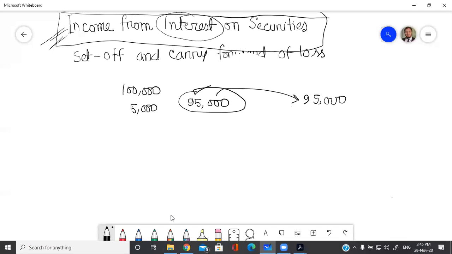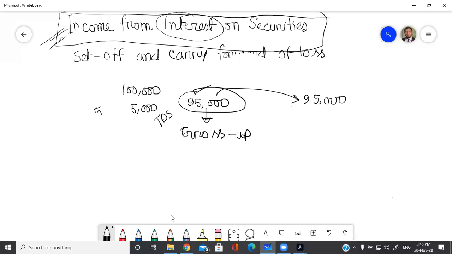To calculate tax precisely, you need to gross up this income. Remember this term, gross up. This is a figure after charging TDS, a net figure. So how can you gross up?